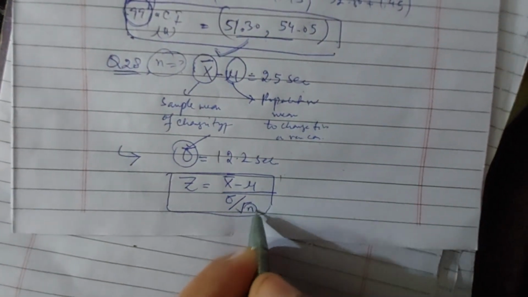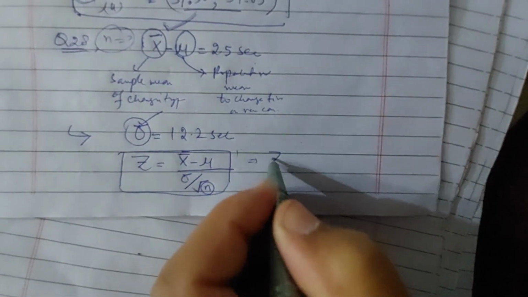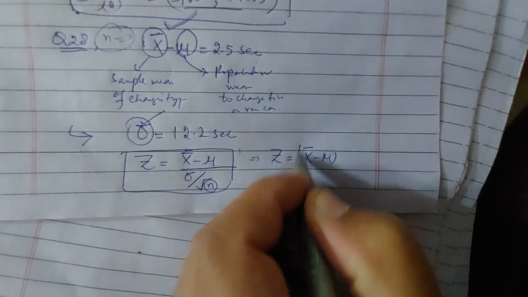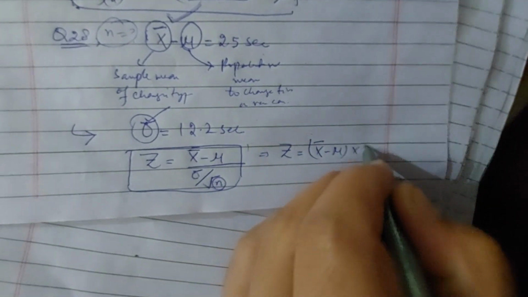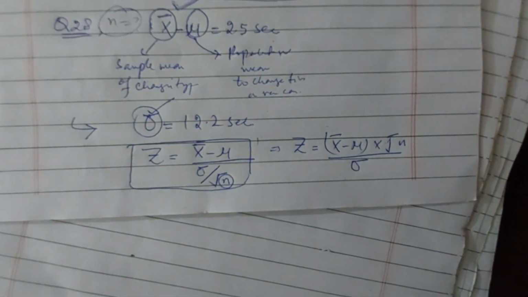So in order to find n, we can write it as z is equal to x bar minus mu multiplied by the square root of n divided by standard deviation.